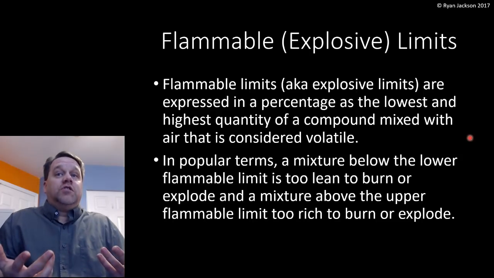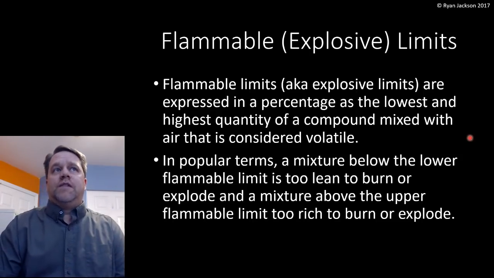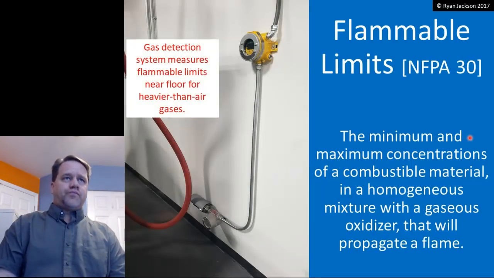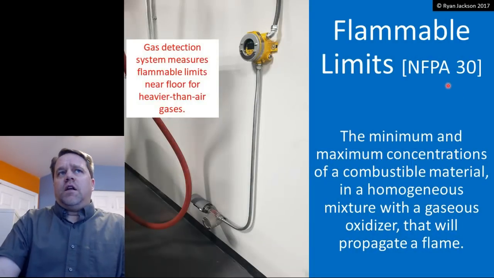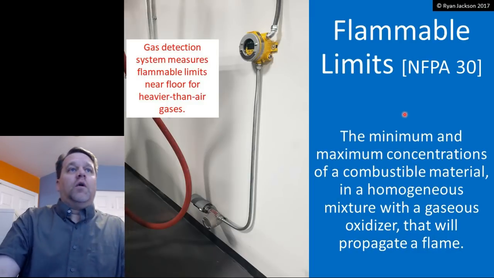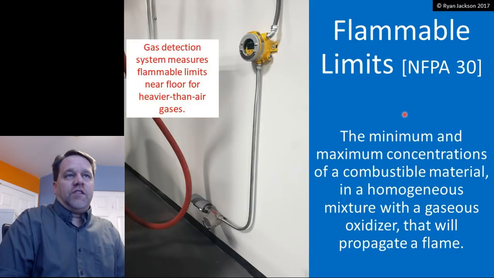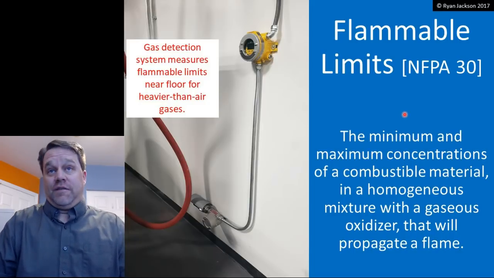There's not enough oxygen to sustain combustion. So that's your upper and lower flammable or explosive limits. So, defined in NFPA 30, the minimum and maximum concentrations, again the upper and lower, of a combustible material in a homogeneous mixture with a gaseous oxidizer that will propagate a flame.